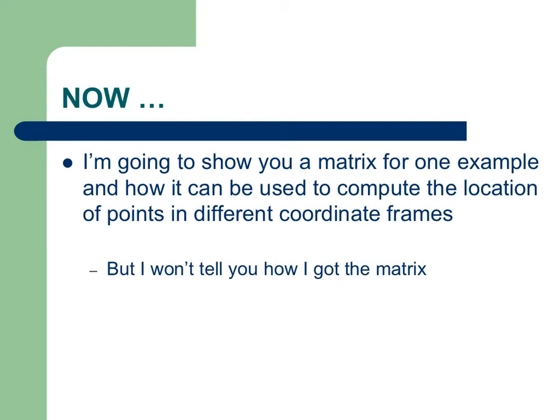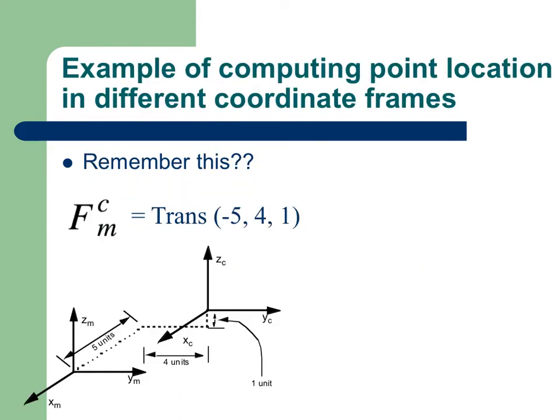So let's take a look at an example of one particular matrix that we can use to figure out the location of a point in different coordinate frames. Here's an example that we did in a previous slide set where we were figuring out the frame transformation.